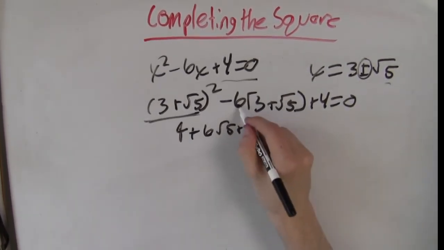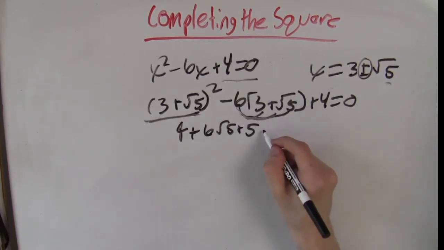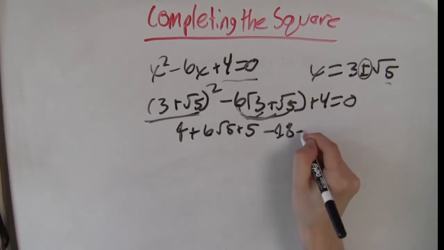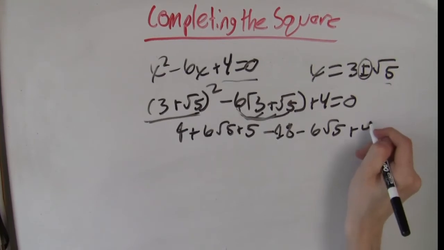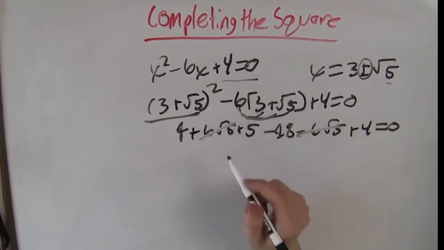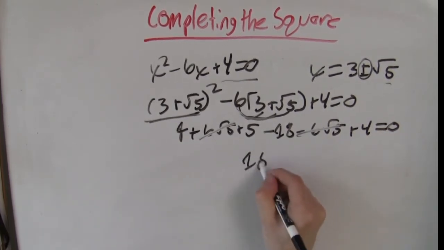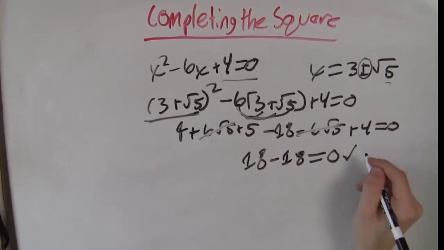And then here, I'm just distributing that 6 out. So I get -18 - 6√5, again, all plus 4. I can cancel some terms out straight away. I can also see that I get 18 - 18, which does indeed equal 0.